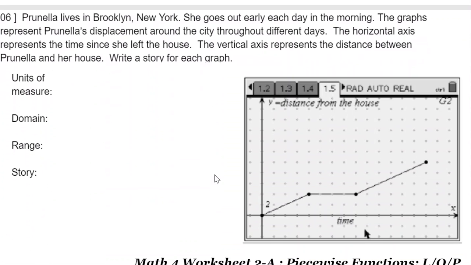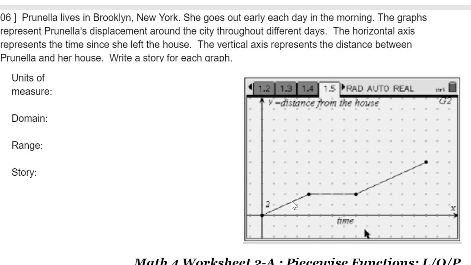All right, now here we have the same idea but a different graph. Here the units are still 2 going this way. She is still, the description is still the same.